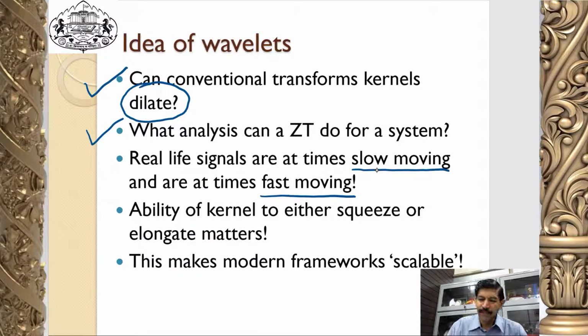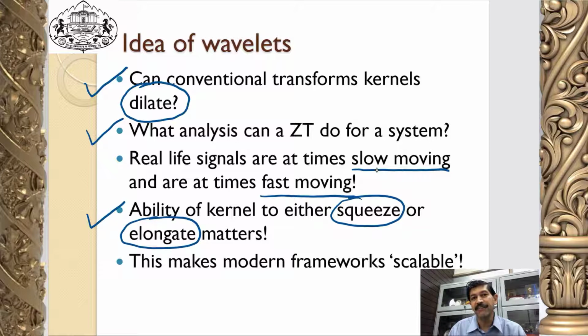So this ability of a kernel to either squeeze or elongate really matters, and that is exactly what we intend to bring out in today's session. In my opinion, this is exactly the reason why most of the modern frameworks are indeed scalable, because of this ability of the underlying kernels to dilate.